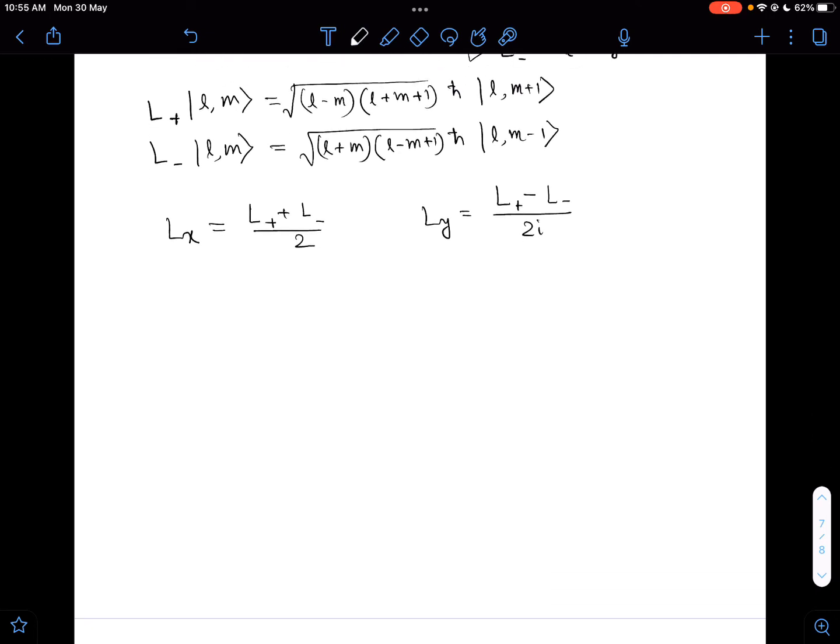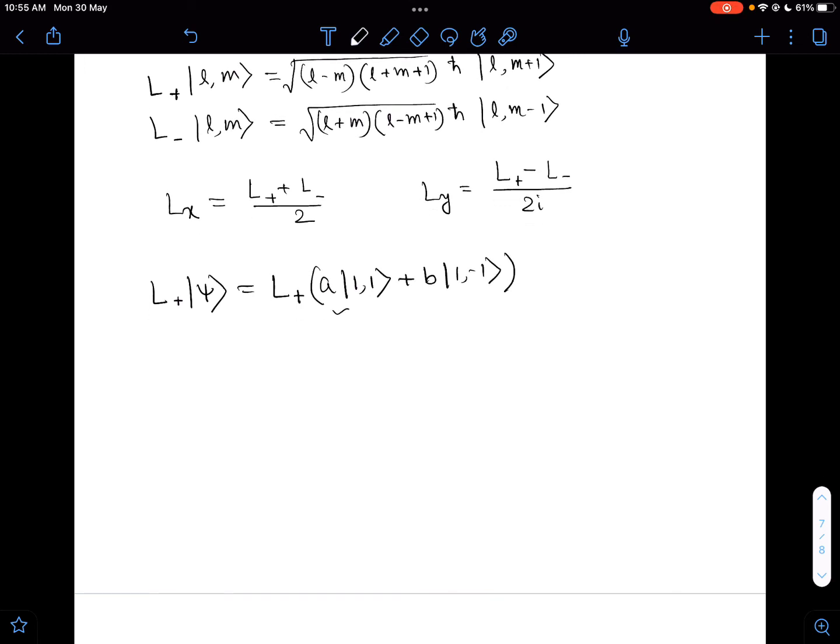First we have to calculate this uncertainty. So what is L plus on the state psi? Let us calculate. L plus acting on A|1,1> + B|1,-1>.